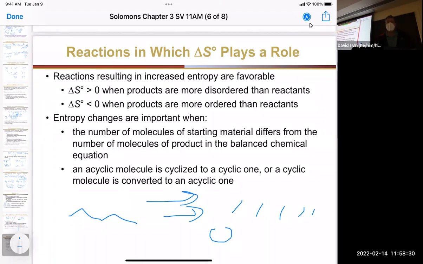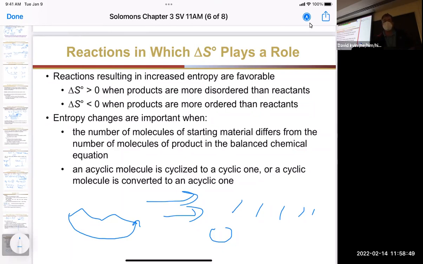But what if instead of breaking this apart, we took this end and added it to that end? We still have 1 thing, so we didn't have a change in entropy. We've just done a reaction, but we didn't change the disorder.